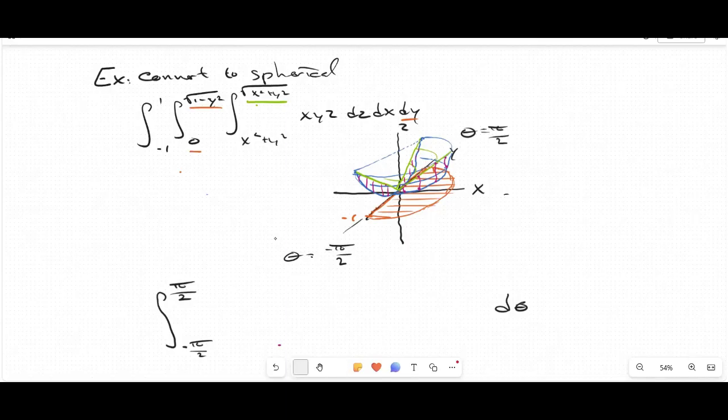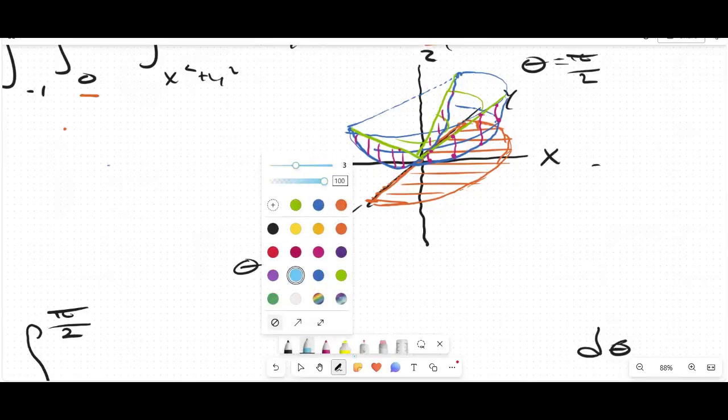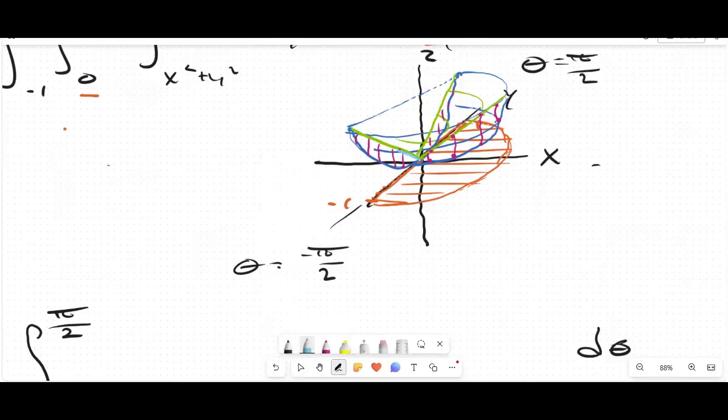The next one is probably the hardest for this problem. What are the bounds on phi? Well, the smallest phi we see is this 45 degrees here, pi over 4. And then we need to go all the way to here, and that's phi equals pi over 2.